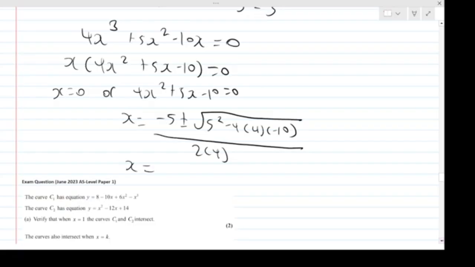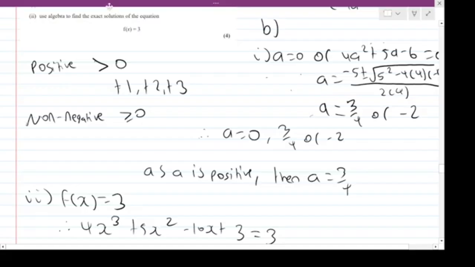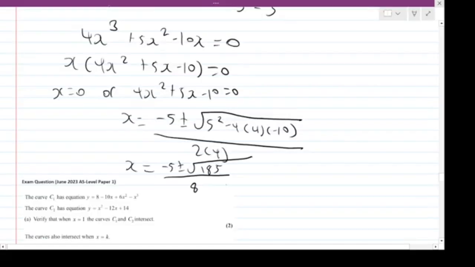There we are. Okay, I get the solution x is minus 5 plus or minus root 185 over 8. Okay, so it doesn't simplify very nicely, but the question does hint I'm going to get a nasty root because it said exact, which means it needs to be left as a fraction and surds and stuff like that. So we're going to have to leave it in this form.